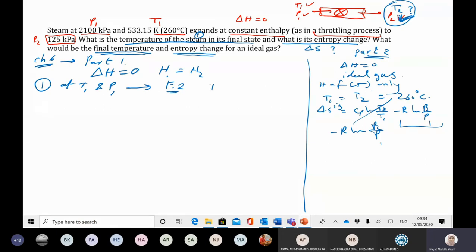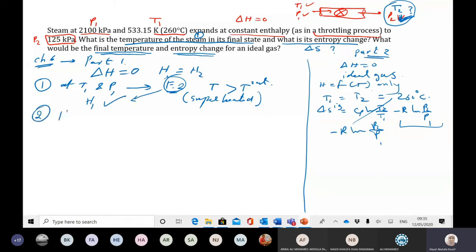From my experience, you will find that the temperature T1 is greater than Tsat, and according to the last lecture, if T is greater than Tsat, then it is superheated. So with superheated, using table F2, go and look horizontally until you get the value of H. You will find H1 from table F2. This is step number 1.